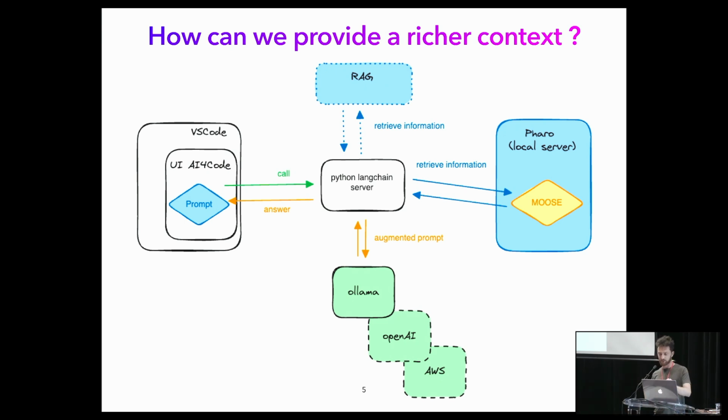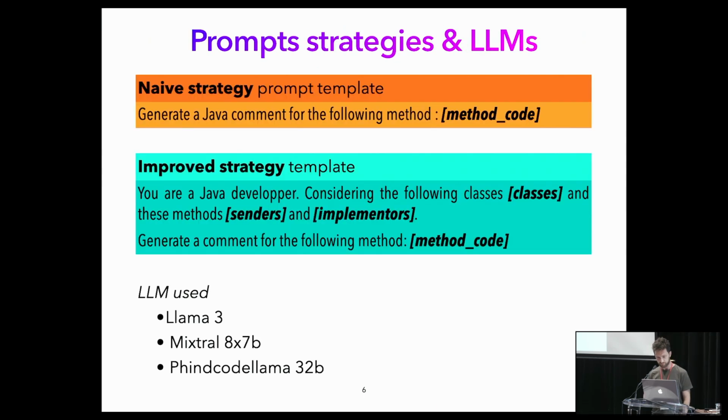This server calls Pharo, which is running a REST API with the Moose model of our code, so we know what this method is in the context of the model: what the senders, the implementers, the class, etc. are. Then we retrieve this information and send it to the prompt, making the model inference with Ollama, OpenAI, whatever LLM we want.